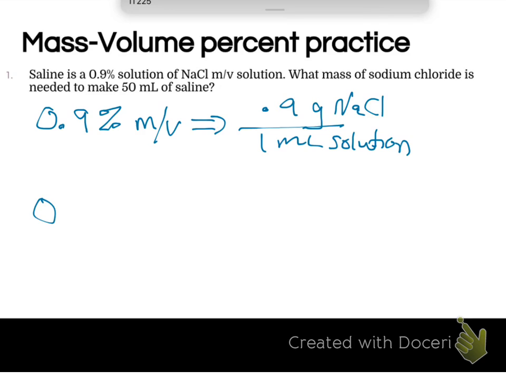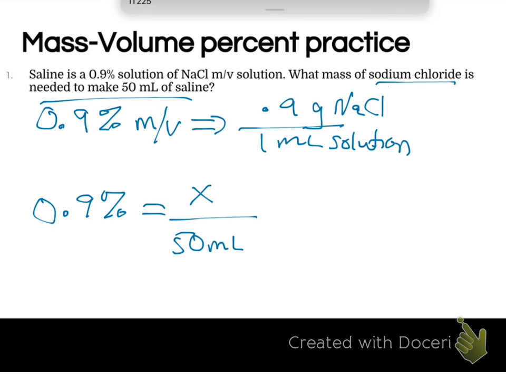All right, so in this problem, we're given the percentage, and we're asked what mass of sodium chloride. So we're trying to find the solute on top needed to make 50 milliliters of saline. So saline is the solution. So we're just going to plug it in like this. All right, and so again, we're going to divide by 100 first to get rid of the 100%, and then multiply by 50.